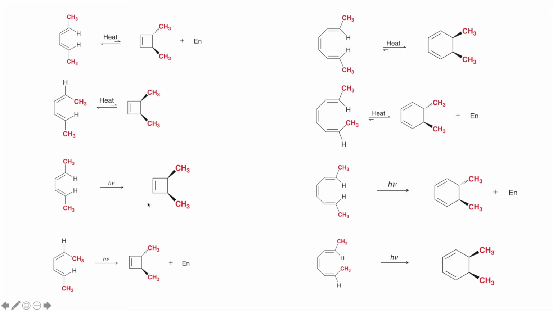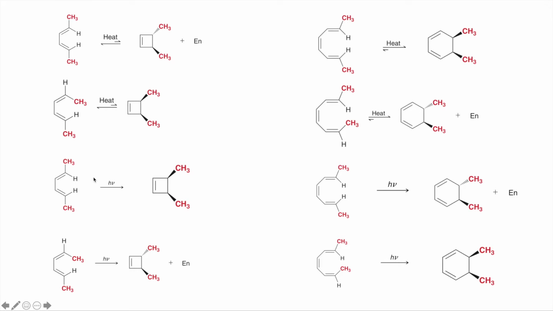That's what that h nu is. The v is actually the Greek letter nu, and it means frequency. h nu is just a shorthand for light. So that's what we have on the bottom here. So first, do you only have 2 conjugated pi bonds, or do you have 3? And second, are you doing the reaction with heat, or with light? Knowing those 2 things will narrow down what your predicted product would be.